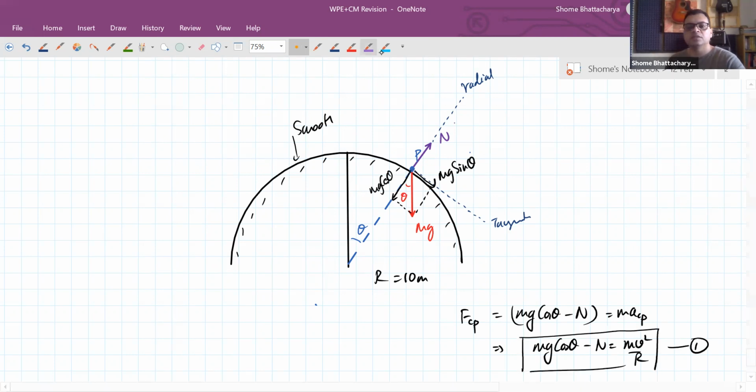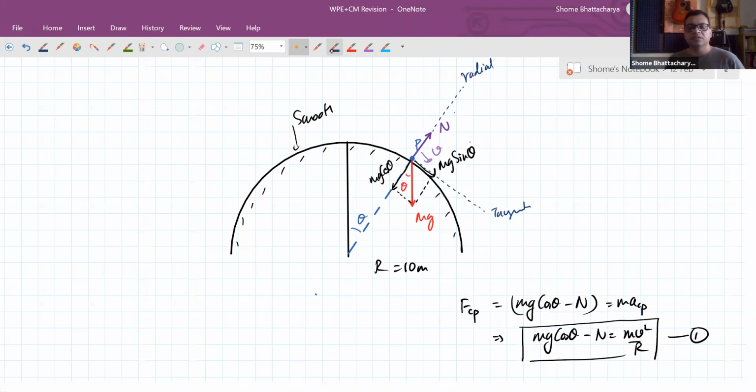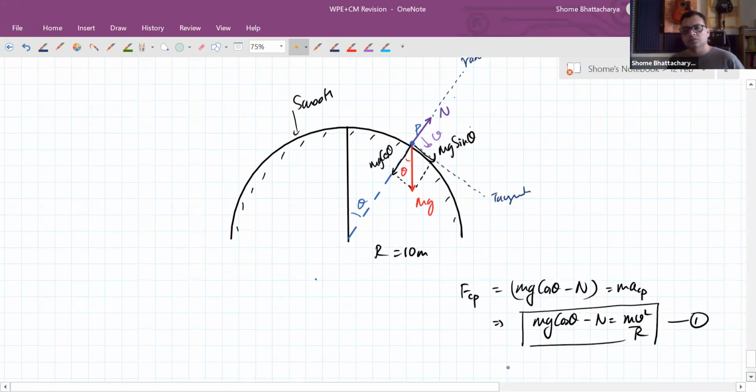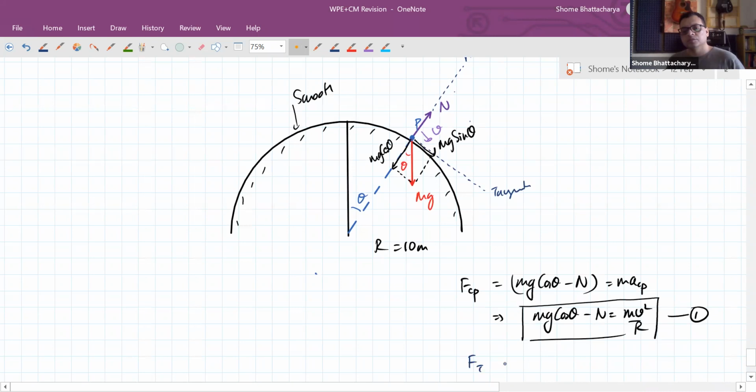We know that the particle is moving with a certain speed v over here, which is given to us. Okay. And we can see that the tangential force, which in this case is mg sin theta, is equal to mass into tangential acceleration. So this becomes our second equation.